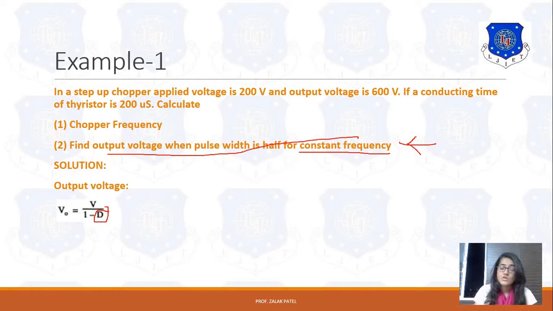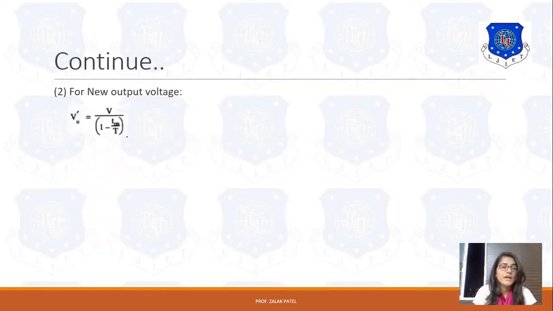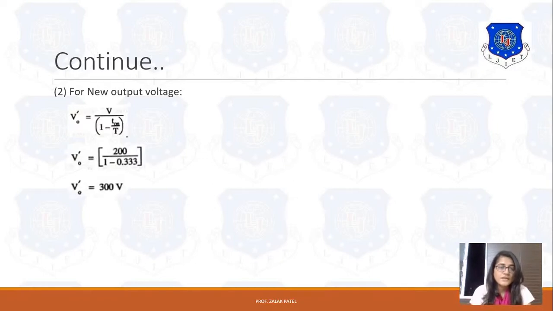So here again we consider the output voltage equation, that is V0 dash is equal to V upon 1 minus T on upon T. Once again this T on upon T is nothing but the duty cycle, so we put all the values over here. We already calculated the 1 upon T time, so we get the output voltage 300 volt for the second case.